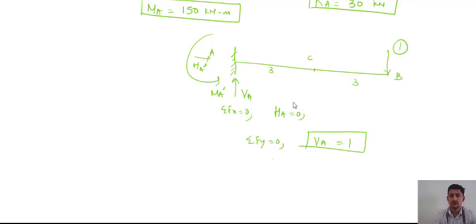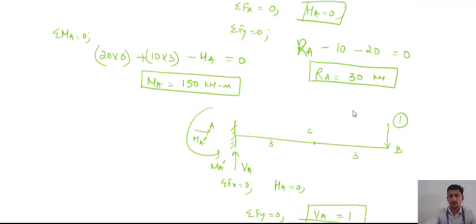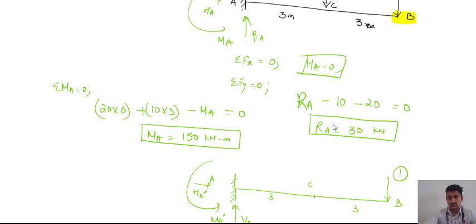And summation moment about A point equal to 0. From here you will get 1 into 6 minus MA dash equal to 0. From here you will get MA dash value equal to 6. Okay, so now you have calculated the reaction due to the external loading.